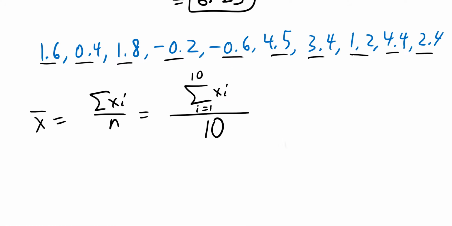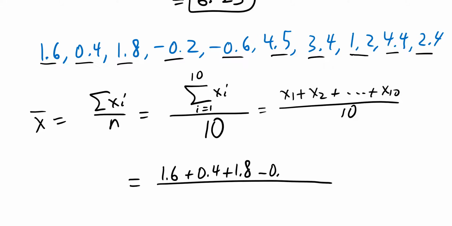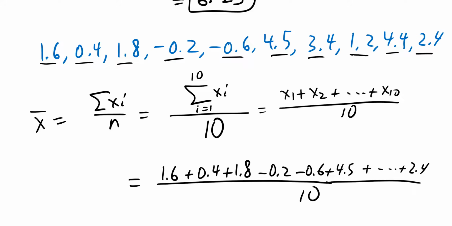N is 10. And what does that give us? It's basically x1 plus x2 plus and so on plus x10 over 10. And here it would be 1.6 plus 0.4 plus 1.8 minus 0.2 minus 0.6 plus 4.5, all the way to the end of 2.4, all divided by 10.